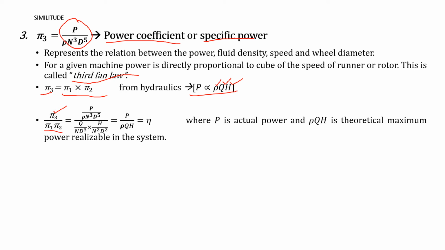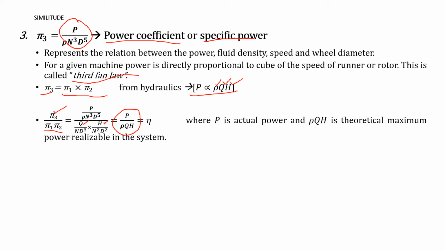Pi 3 is P by rho N cube D raised to 5, pi 1 is Q by N D cube, the flow coefficient, and pi 2 is H by N square D square, the head coefficient. When I simplify this, I get P by rho Q H.